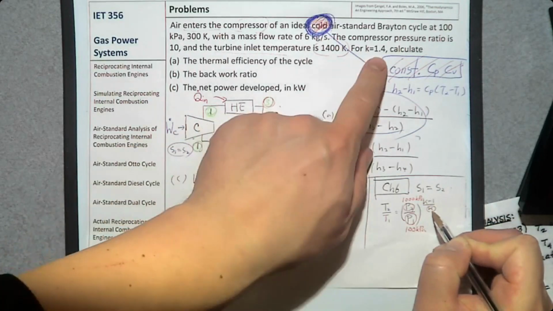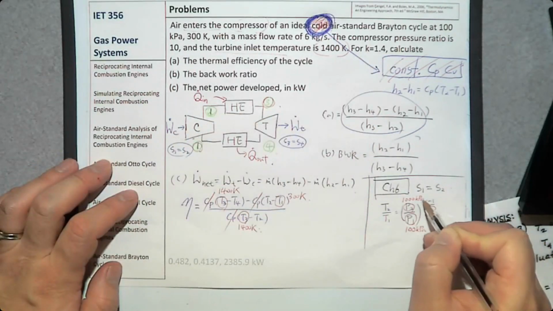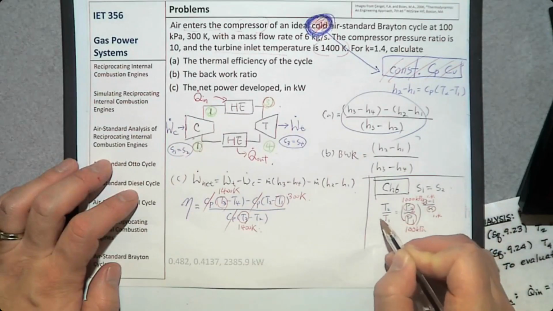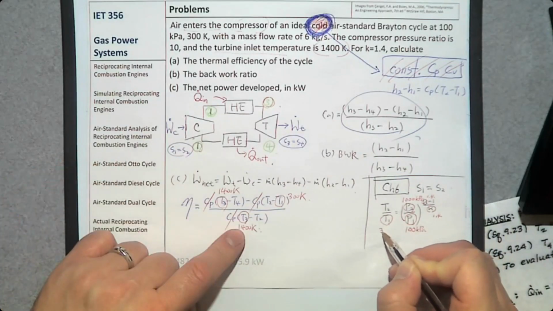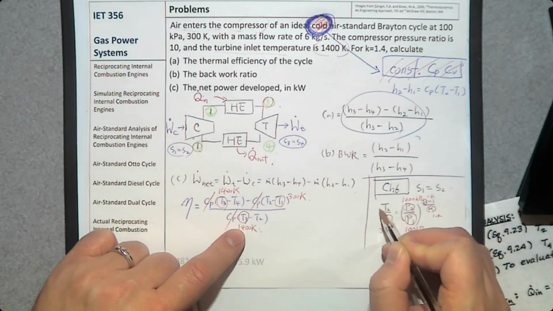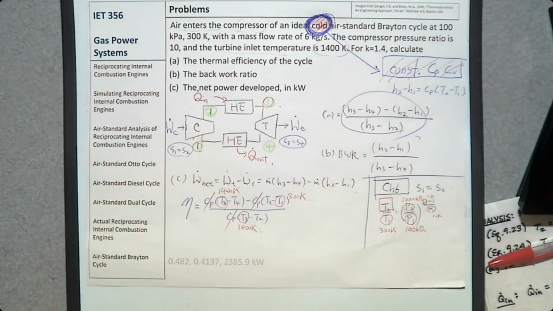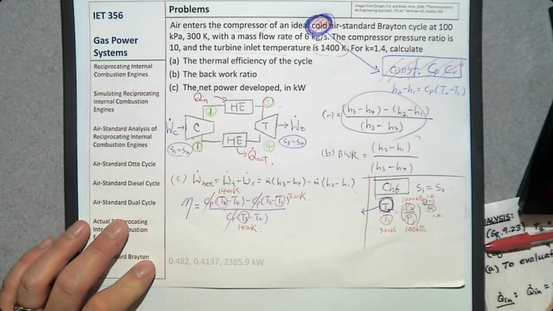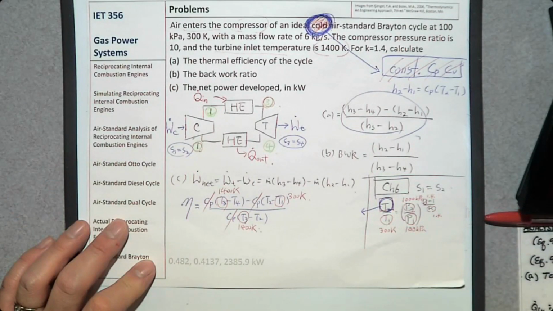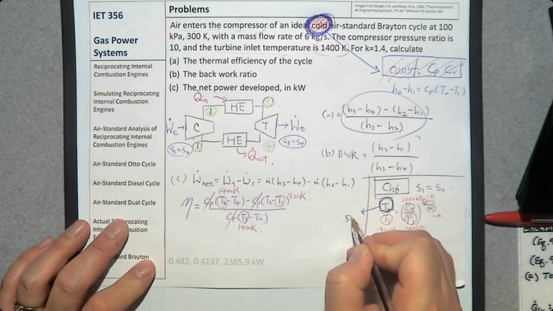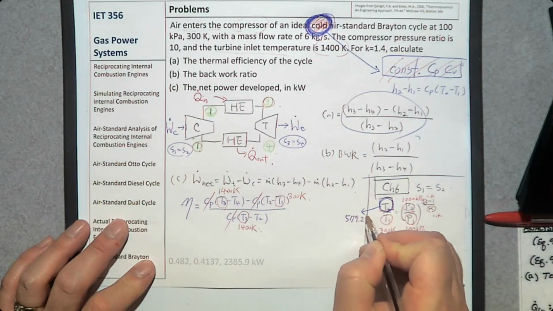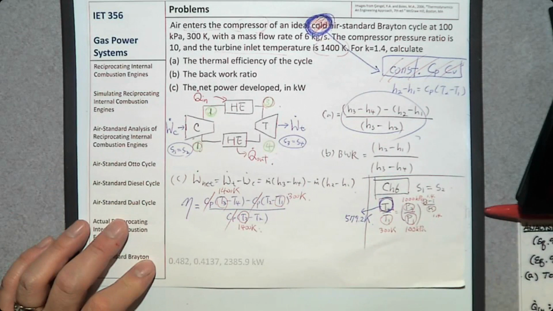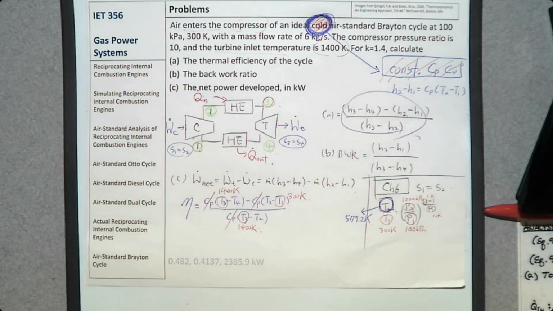What is kappa? 1.4. What is the inlet temperature? 300 Kelvin. Can you determine the exit temperature? Yes. So what is the exit temperature? 579.2 Kelvin.